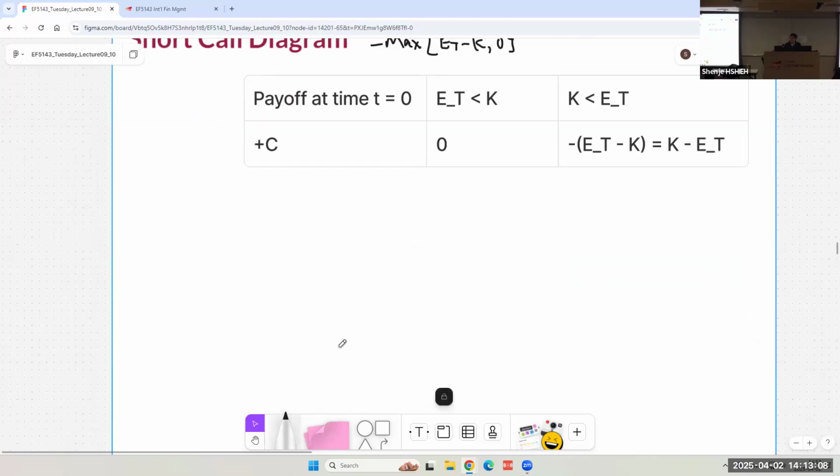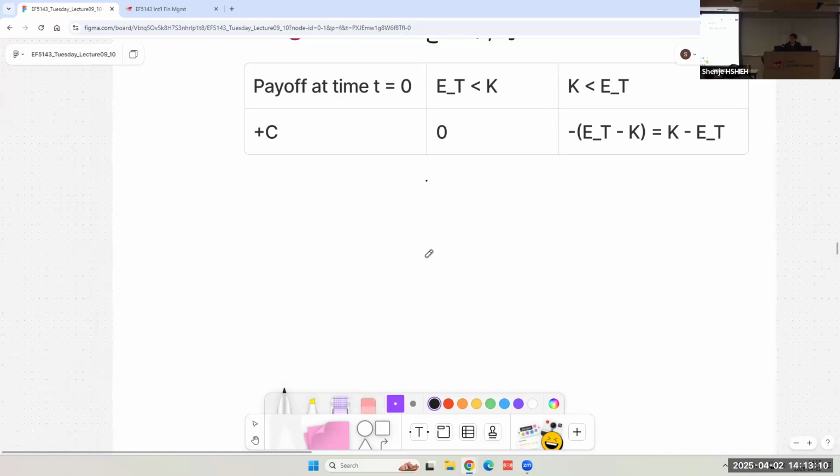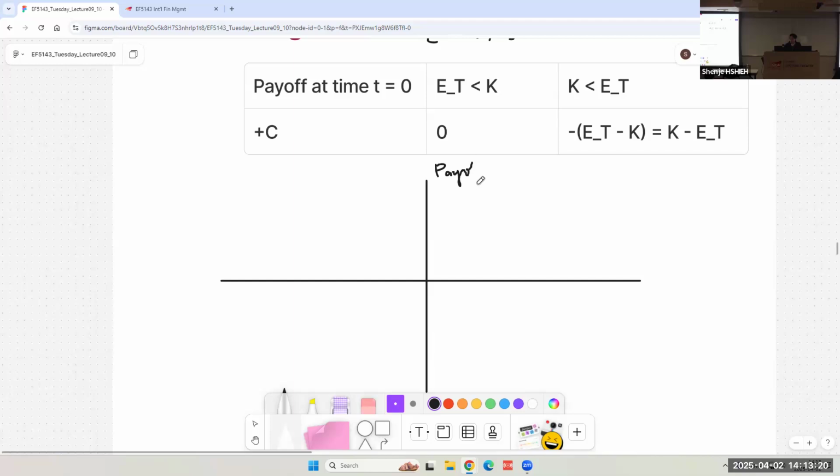We can do the same by drawing a payoff graph, again, to visualize how to use it to hedge our pre-existing portfolio position. So payoff. This is ET. Origin payoff value is 0.